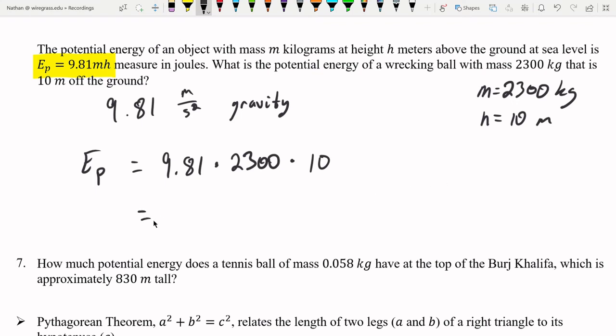Okay, we can go ahead and solve this. This is all multiplying, so no need to really worry about order of operations. 9.81 times 2,300 times 10. That gives me 225,630 joules, capital J for joules. All right, try out number 7.